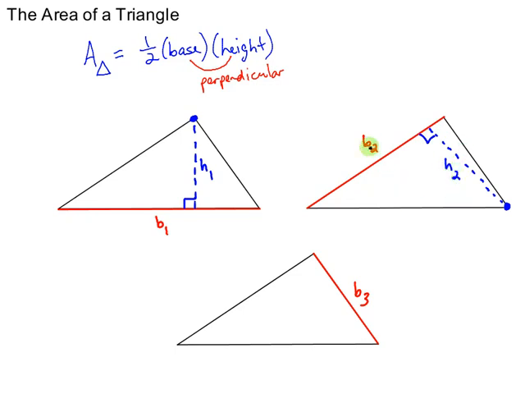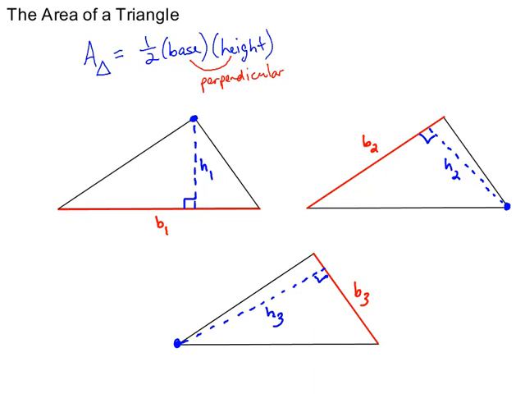So 1/2 times base 2 times height 2 would give us the same area as if I calculated using these bases and heights. Finally, the last one, the point furthest from this base is this vertex. And if I measure a perpendicular height from this vertex down to base 3, this would be the height that I would work with. So we would call that h3. So you could calculate the area of this triangle any of these 3 different ways. And you can see how you get right triangles when you do this sort of thing.